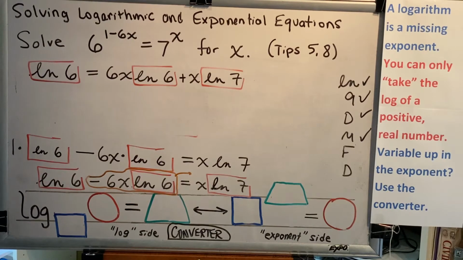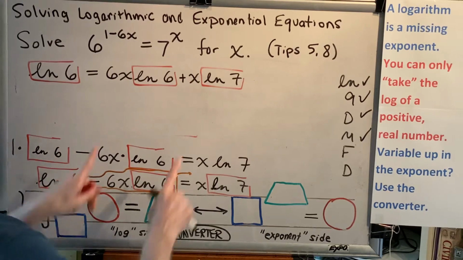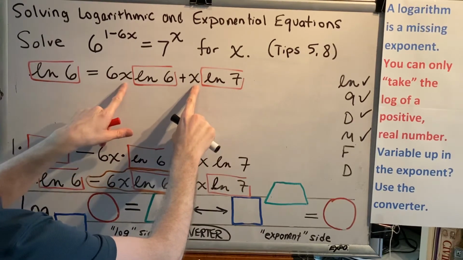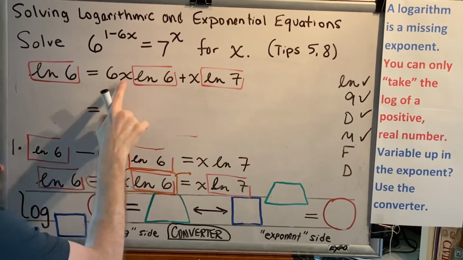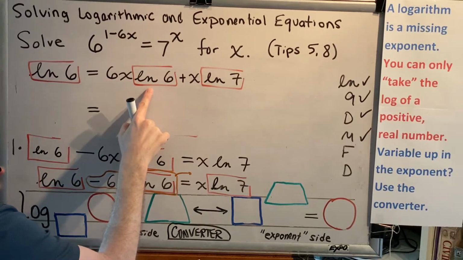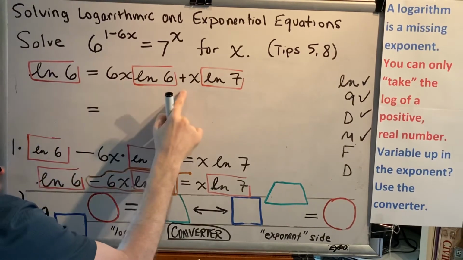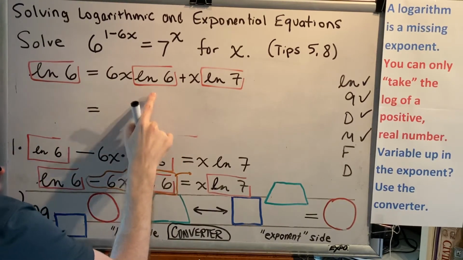We're trying to solve for x. Now that all of the x's are on the same side, we need to find a way to turn these two symbols into just one x symbol. And the way we can do that is with factoring. This x is multiplying by the 6 and the natural log of 6. So if we were to divide this by x, what would be left would be the 6 and the natural log of 6.